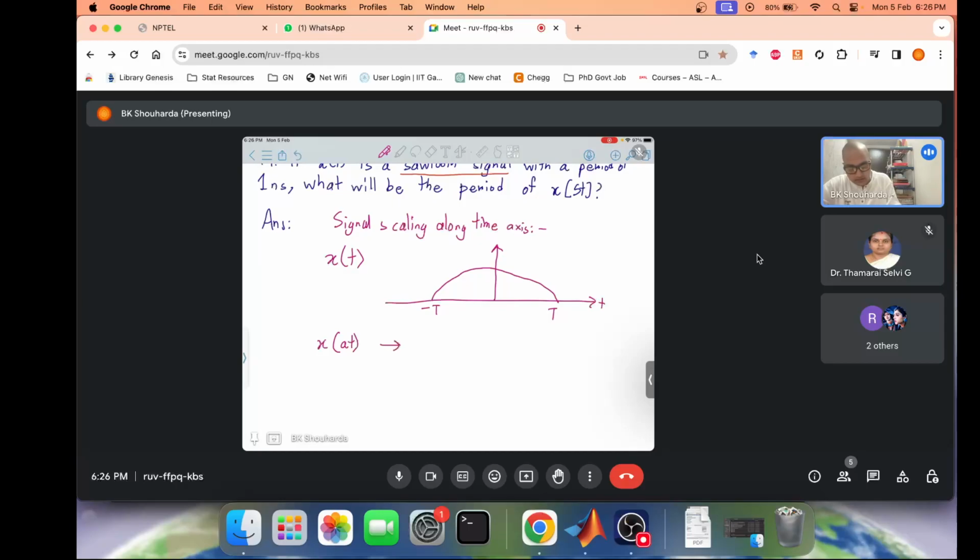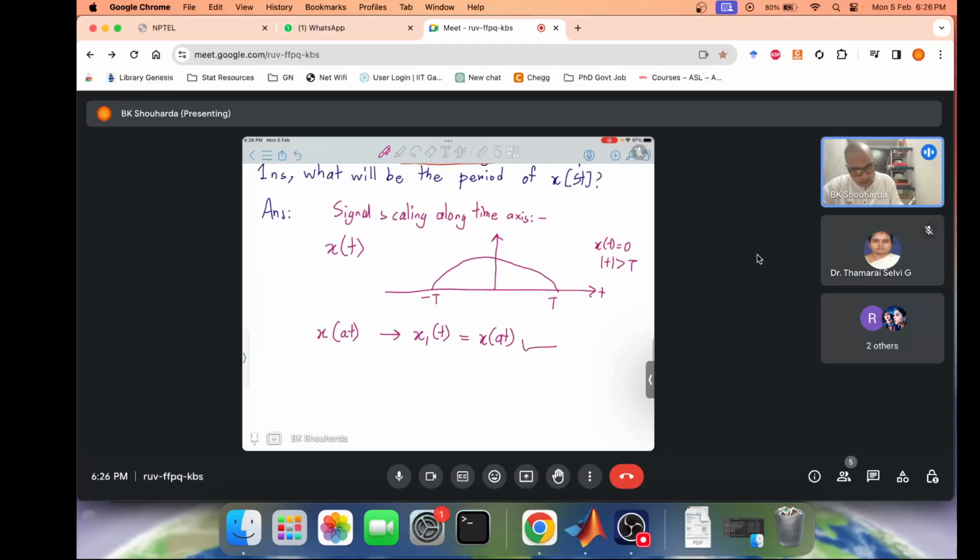For our convenience, let us write it as x1 of t, which is x of a t. We observe that x of t is 0 when the magnitude of t is greater than T. Now let's check for x1 of t.